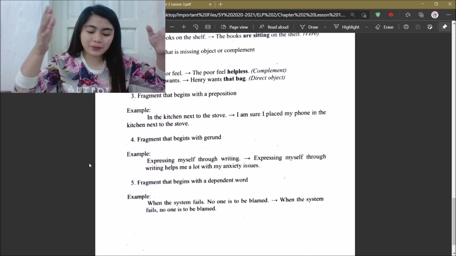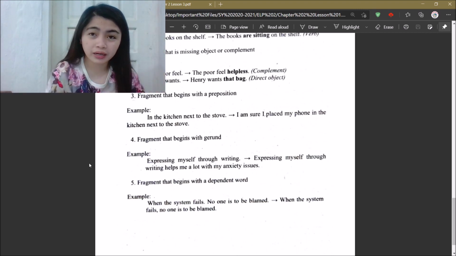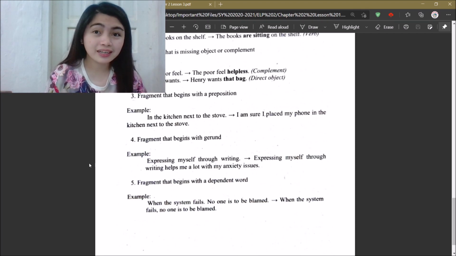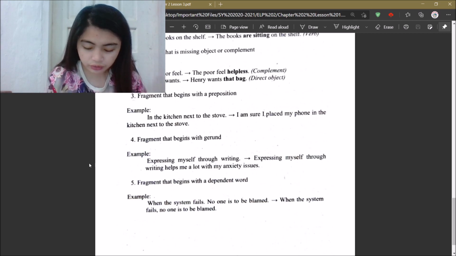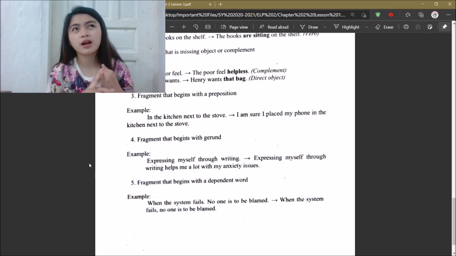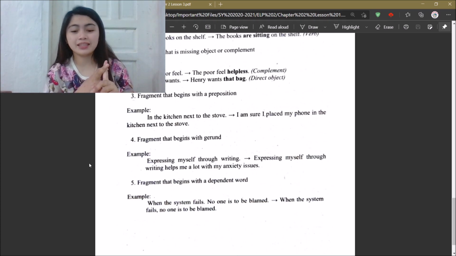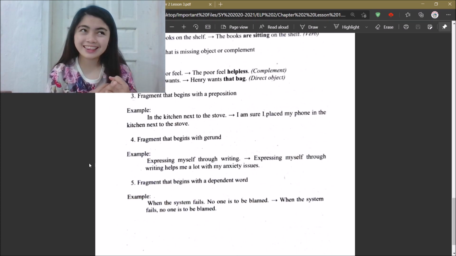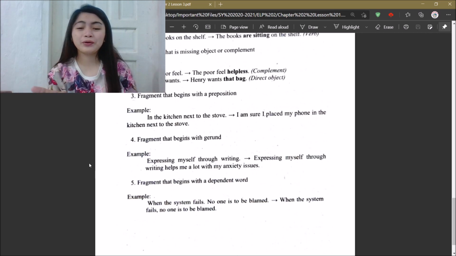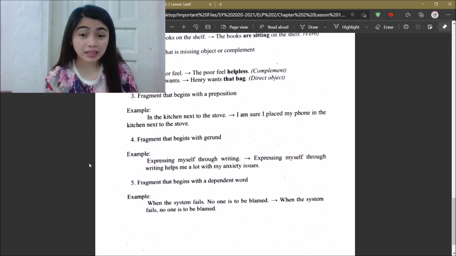Kasi, when that word starts with those marker, it is a dependent word. It cannot stand alone. So, sa conjunction naman, we have the fun boys, right? We have the for, and, nor, but, or, yet, and I think it's so. Yeah. So, ayun. Yun yung ating mga dependent words.